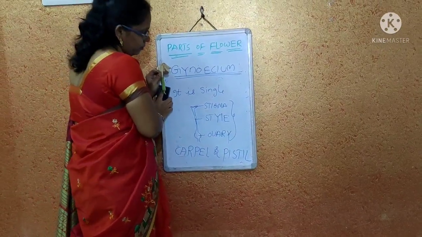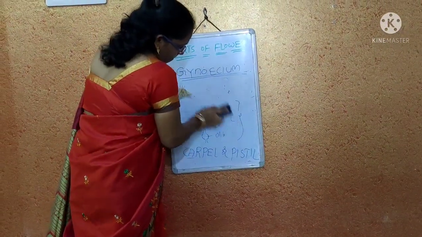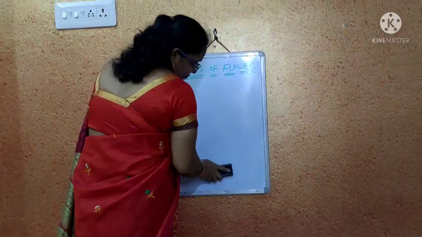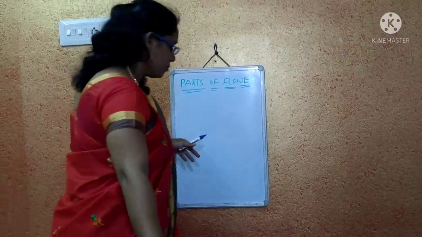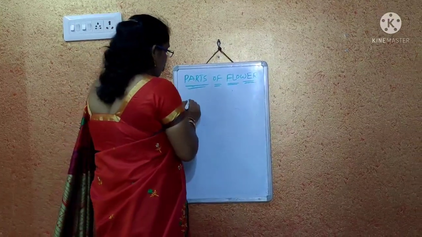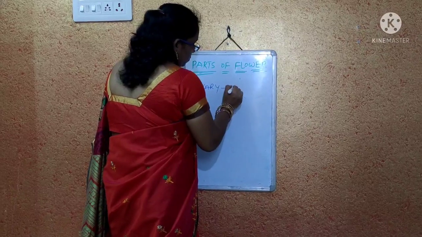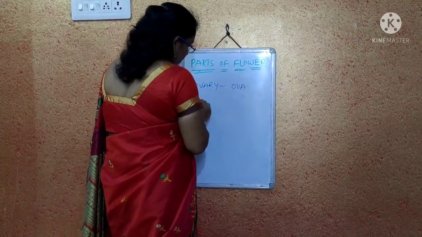Write down. Ovary produces ova. Ova is a female gamete.